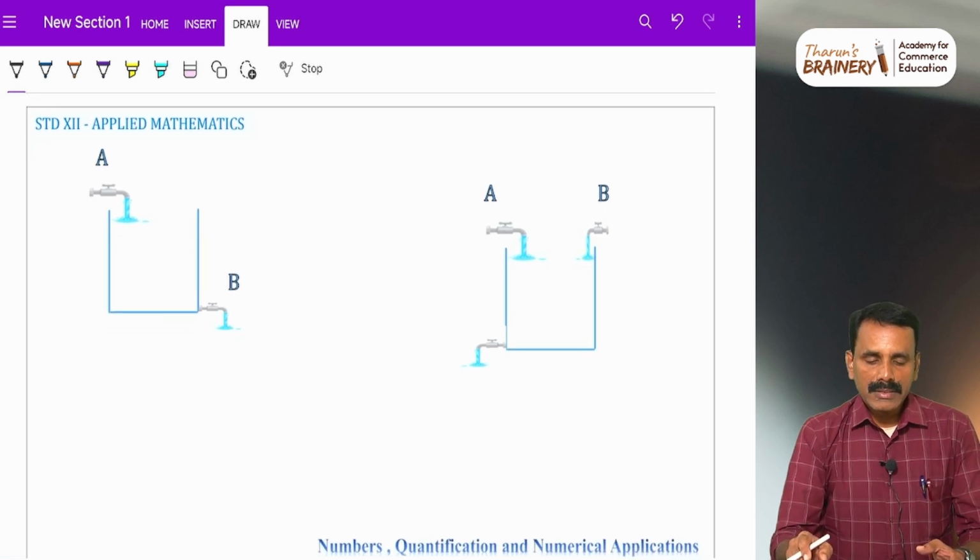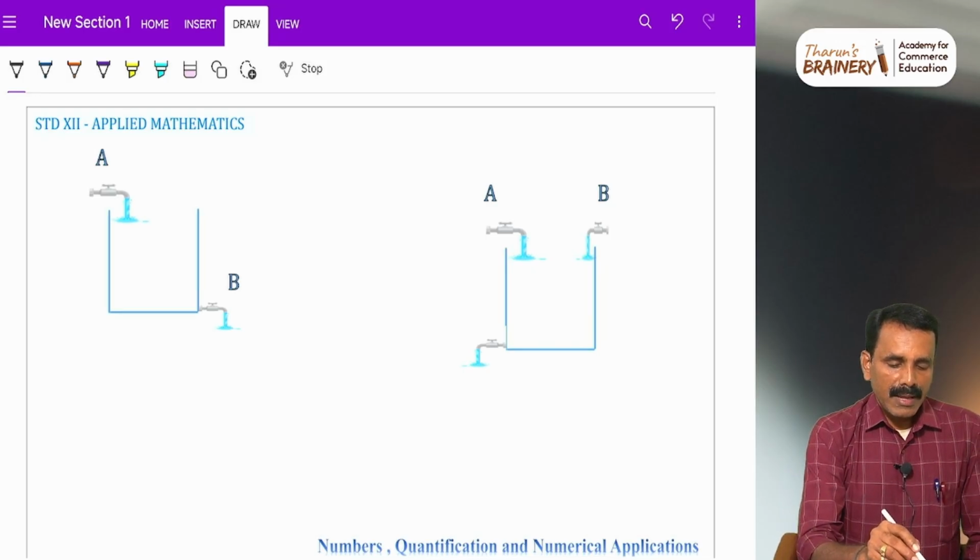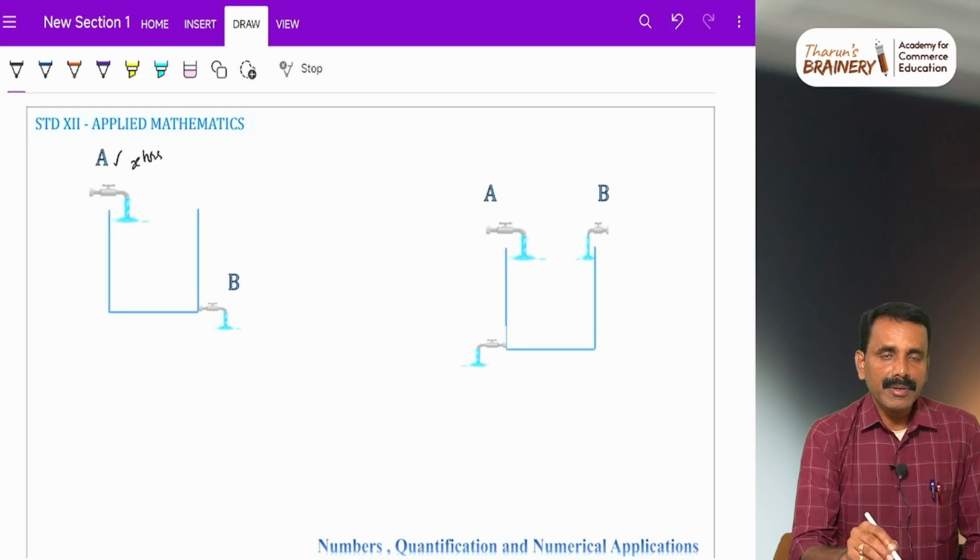Now, take this situation in which tap A fills the tank in X hours and tap B is an outlet. It removes the liquid from the tank. It takes Y hours to empty.